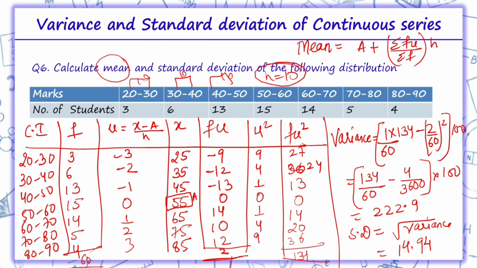When we substitute all these values, the mean will come out to be 55 plus 20 upon 60, which is 55.333.